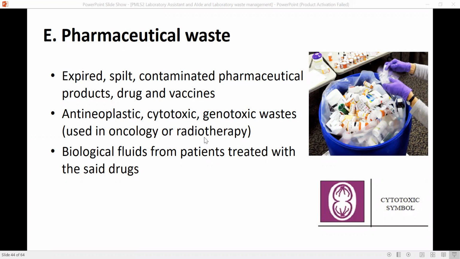Okay, kaya nga di ba yung mga nagkikimo, okay, so within 24 hours or 48 hours, no, yung mga secretions, excretions nila, yung mga ihi nila, na, okay, so with care pagka tinapon yan, okay, kasi nandyan yung drugs, okay, nandun, ini-excrete nila then to their urine, okay, so yung mga drugs na yan, biological fluids, okay, so tawag natin dyan will be kung anong drug yon, okay, cytotoxic waste o kaya genotoxic waste.